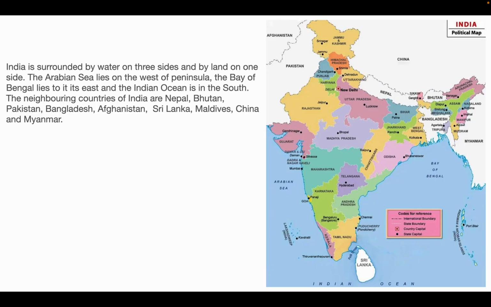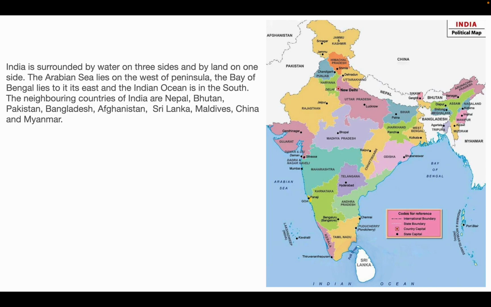Now, when we look at the political map of India, let's look at who our neighbors are and what it is surrounded with. In the southern part of the country, or even a little bit of the east and western part, it is completely surrounded by water. And on the northern part, it's completely surrounded by land.